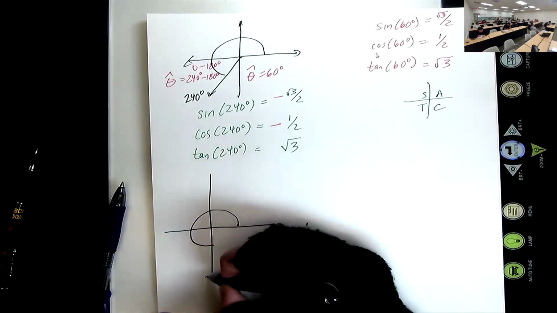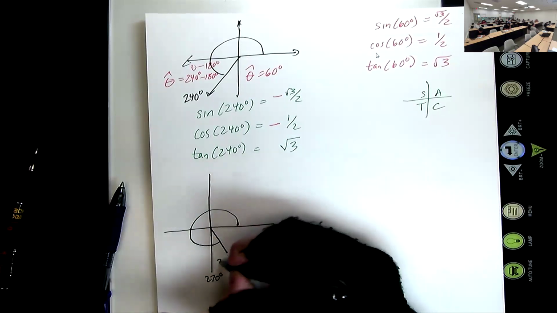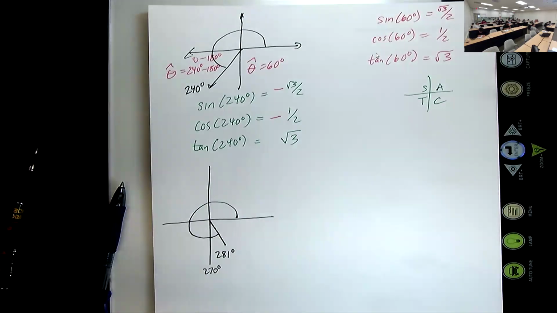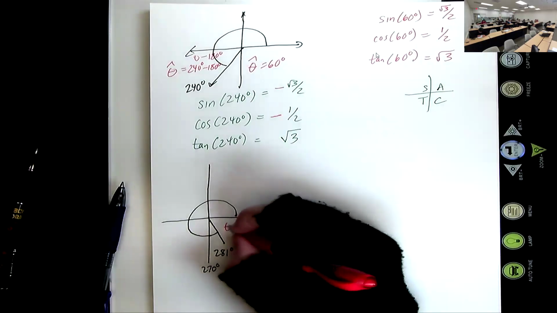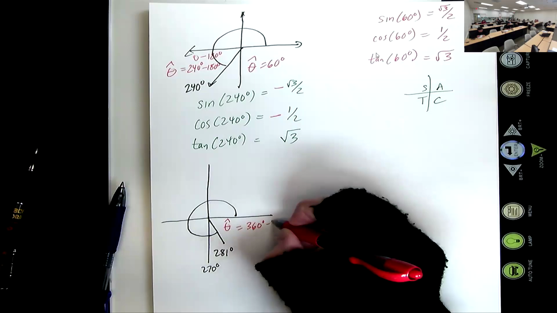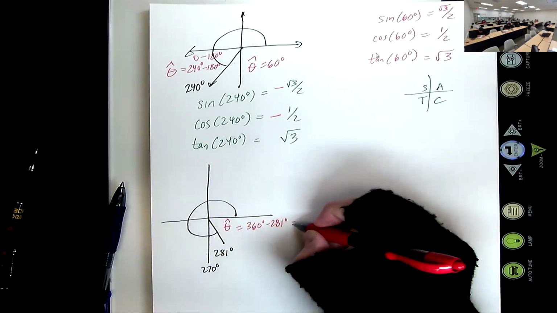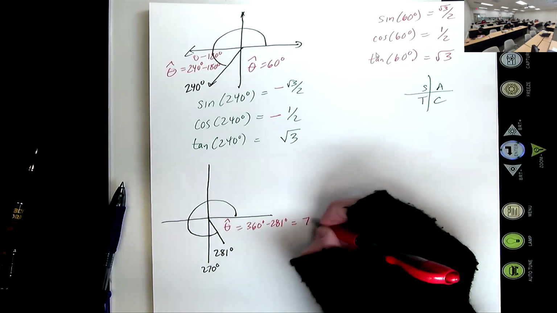This is 270 degrees, so 281 is just past it. My reference angle is here, and it's 360 minus the 281, which is 79 degrees.